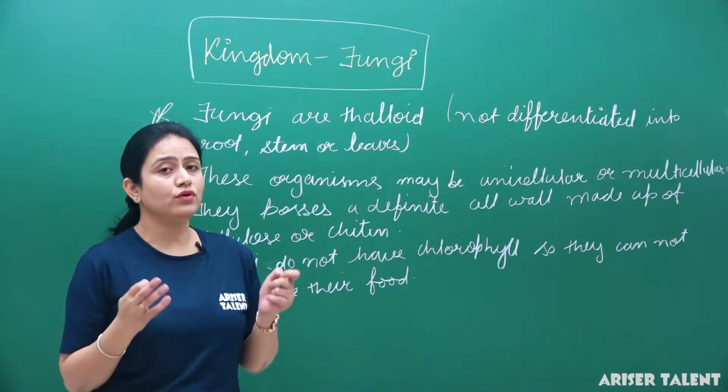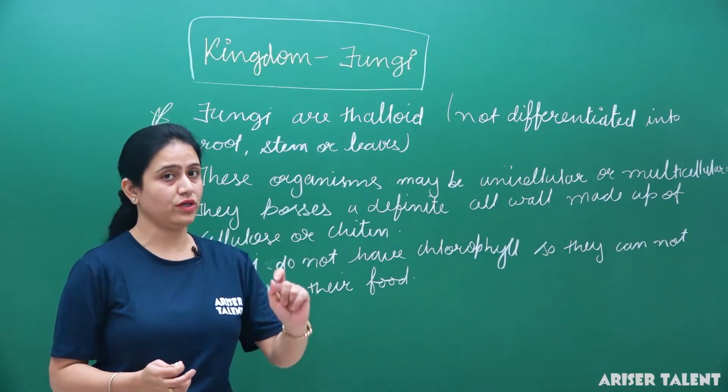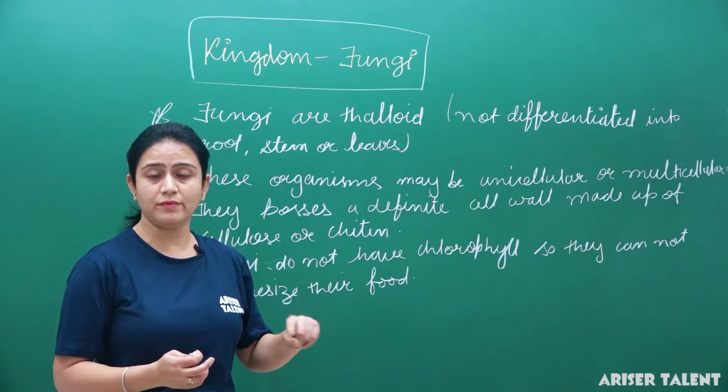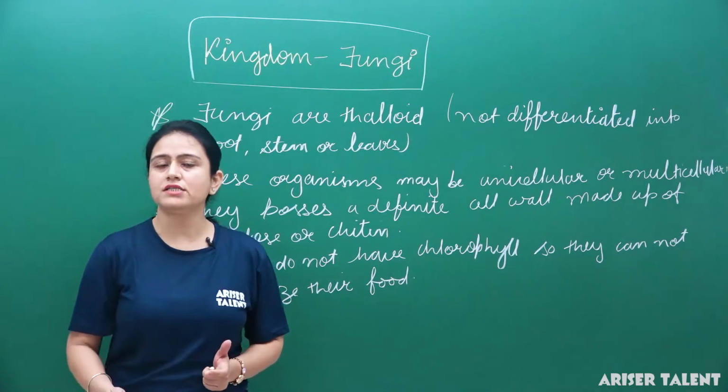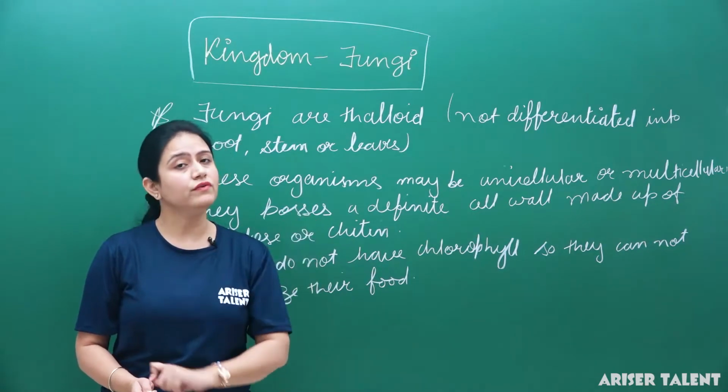But they need food, so they are dependent on the environment for their food. They can get food from a dead organism, in which case they will be saprophytic in nature. But if they get the food from a living organism, they will be in the form of parasites.